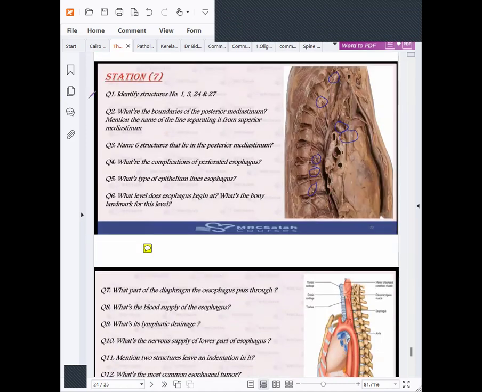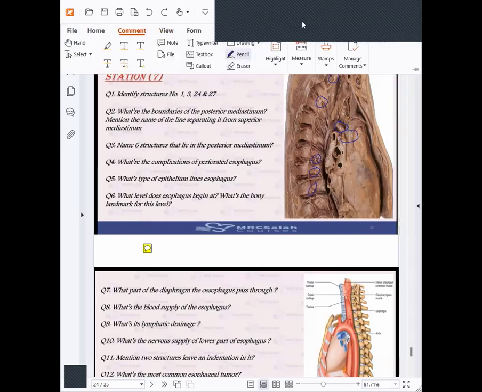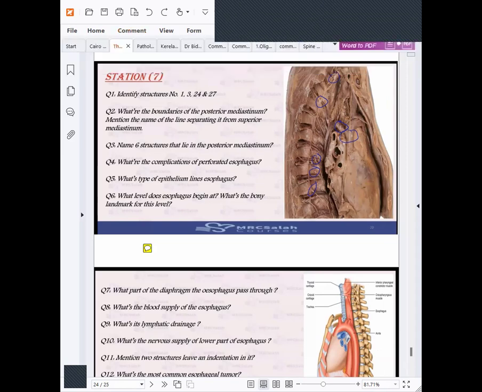Identify structure number 1. Here is structure number 1. Identify structure number 1. It is the azygos vein. Okay. Structure number 3.